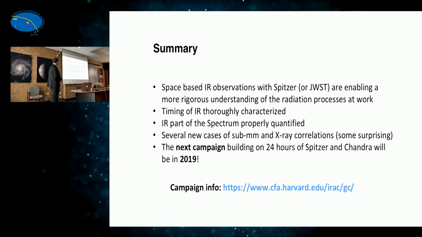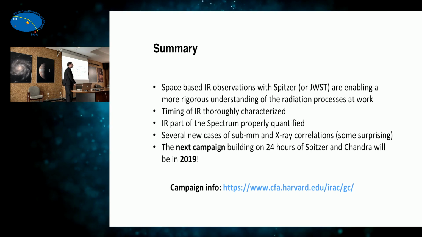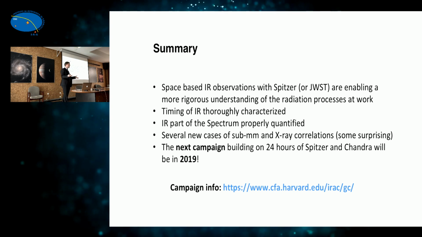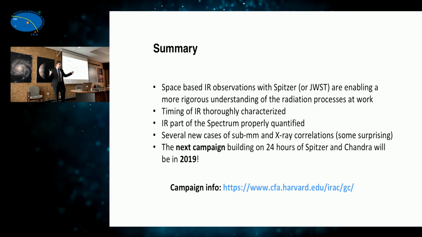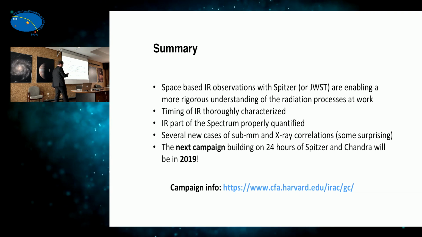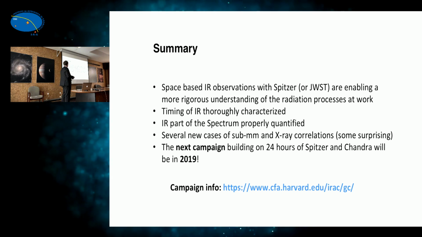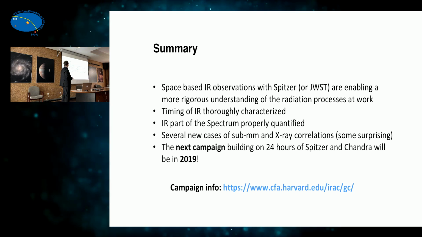So in summary, first of all, space-based IR observation with Spitzer, or maybe, hopefully, in the future with James Webb, is enabling a more rigorous understanding of the radiation processes at work, both for multi-wavelength campaigns, where you need long baselines to really correlate different peaks, but also to really understand the spectral properties, for example, within the infrared only. We have now really thoroughly characterized the timing of the infrared.